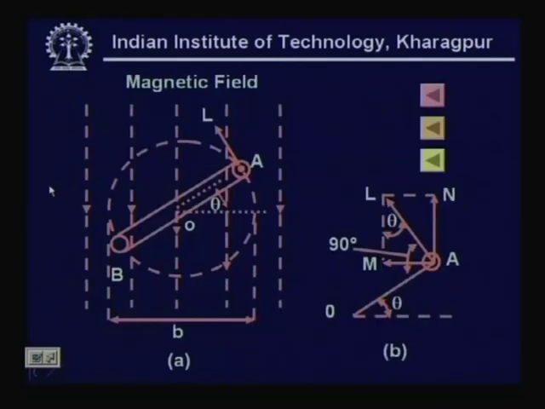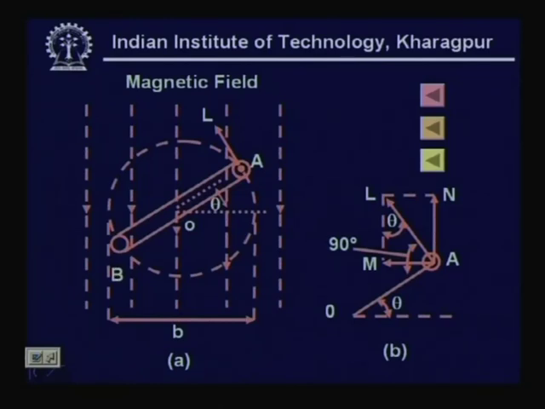Let us see this. The vertical hatch lines are the flow of magnetic field, and this is the loop AB which is being moved anti-clockwise. AL shows the peripheral velocity of this coil.